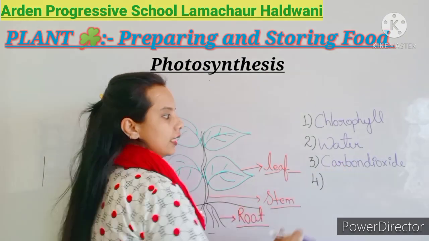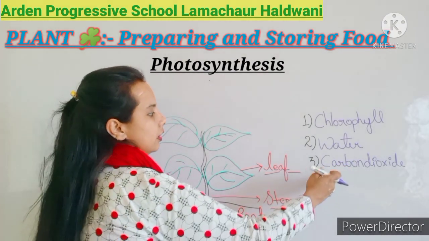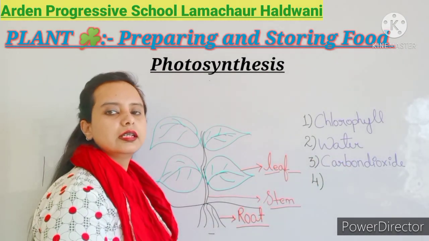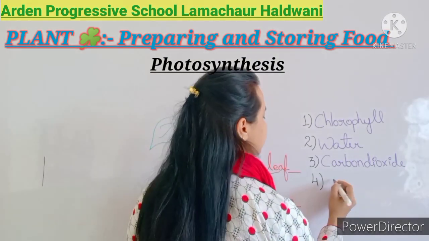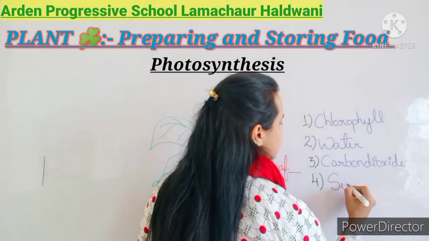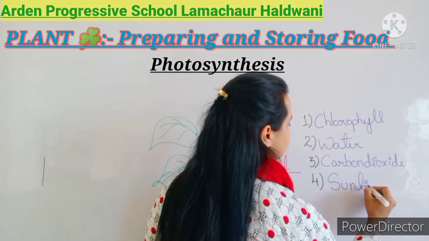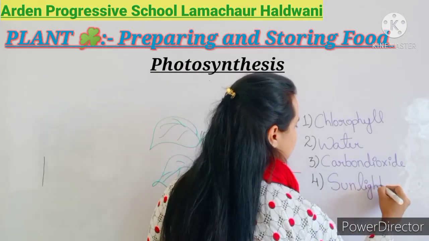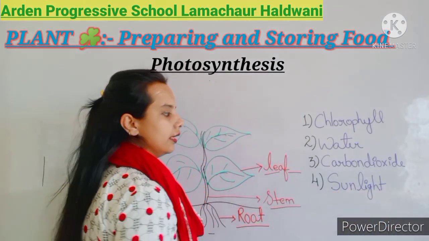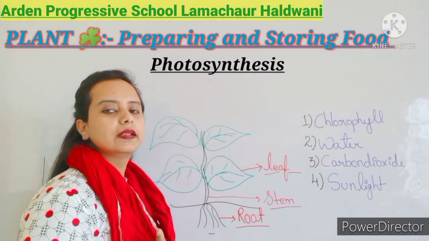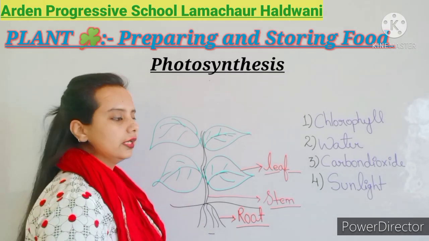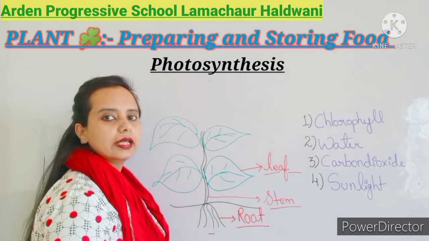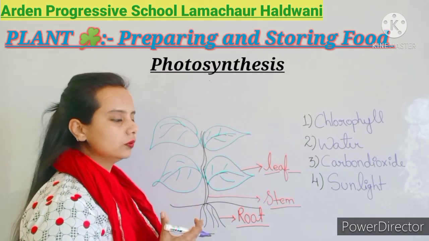Carbon dioxide is a gas, and this can be taken from the atmosphere. The fourth and last is sunlight. Sunlight is responsible to give the energy, and energy is very important for the plant so that it can prepare its food.